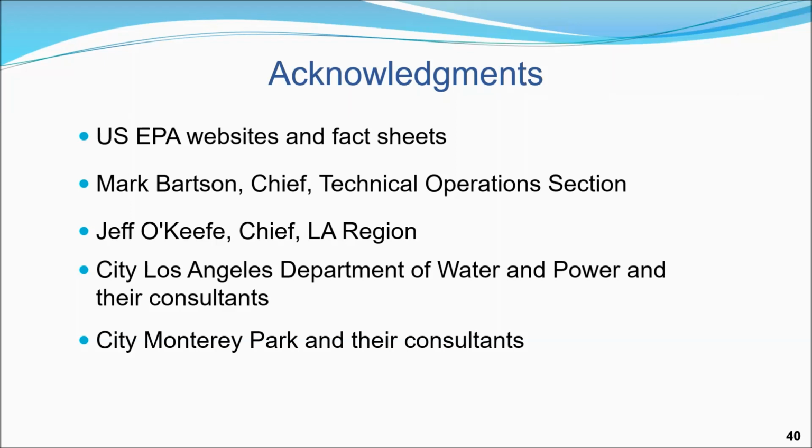If you go to the EPA website with their fact sheet, 1,4-dioxane is a synthetic industrial chemical, completely miscible in water. It is likely a contaminant at many sites contaminated with certain chlorinated solvents, particularly 1,1,1-trichloroethane. It's widely used as a stabilizer for chlorinated solvents. So that's on the EPA website.